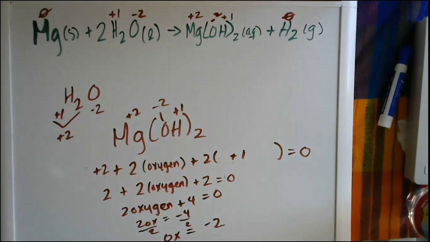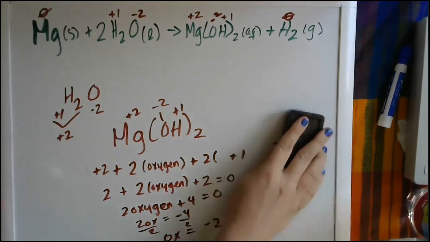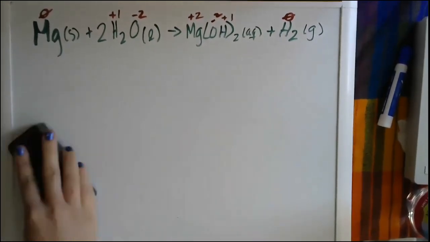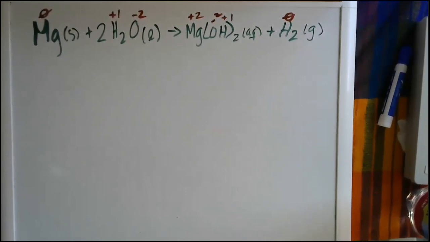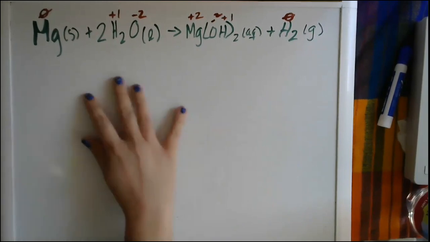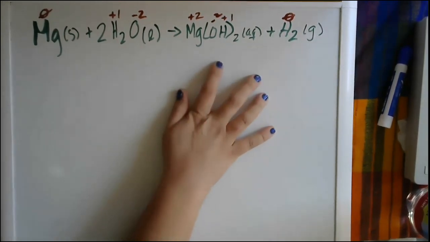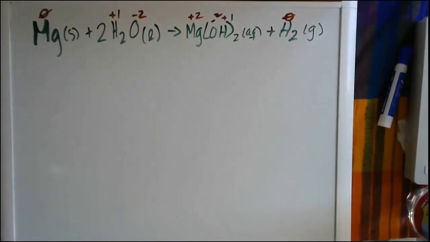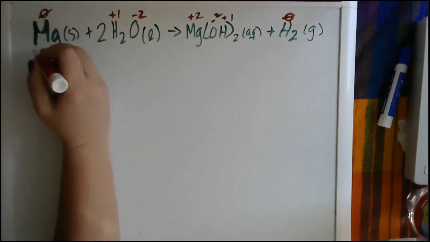Now, what you are looking for in your equation is changes in oxidation state. If you do not have any changes in any of the oxidation states in this reaction, then you do not have a redox reaction. In this case, we do see some changes, so we're going to track them. Let's look at what happened to magnesium.